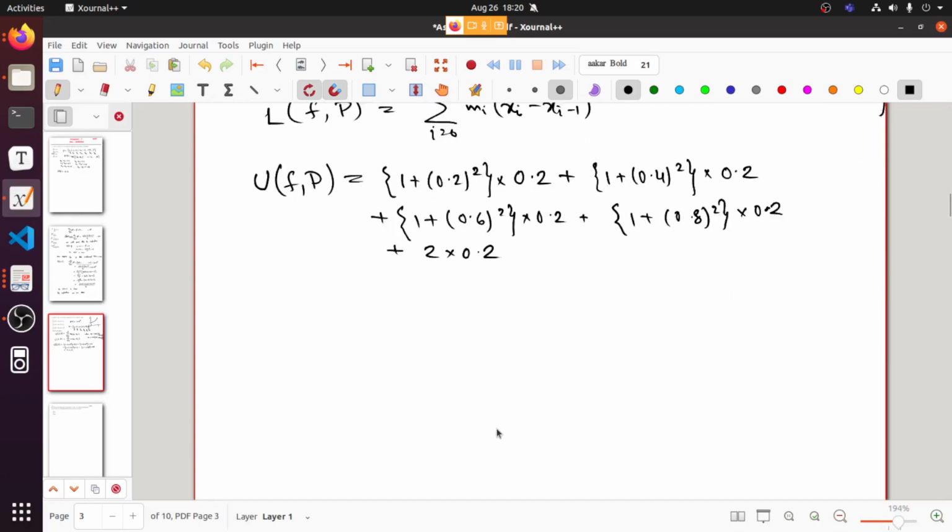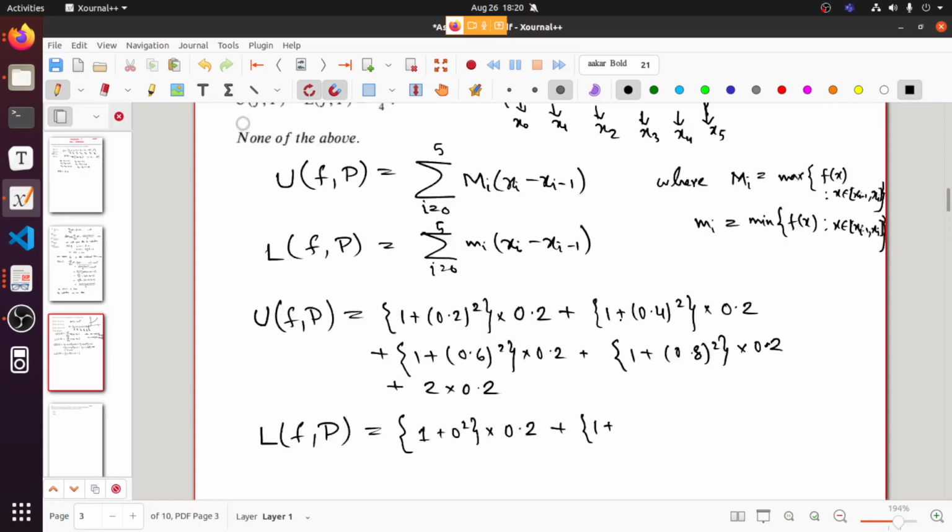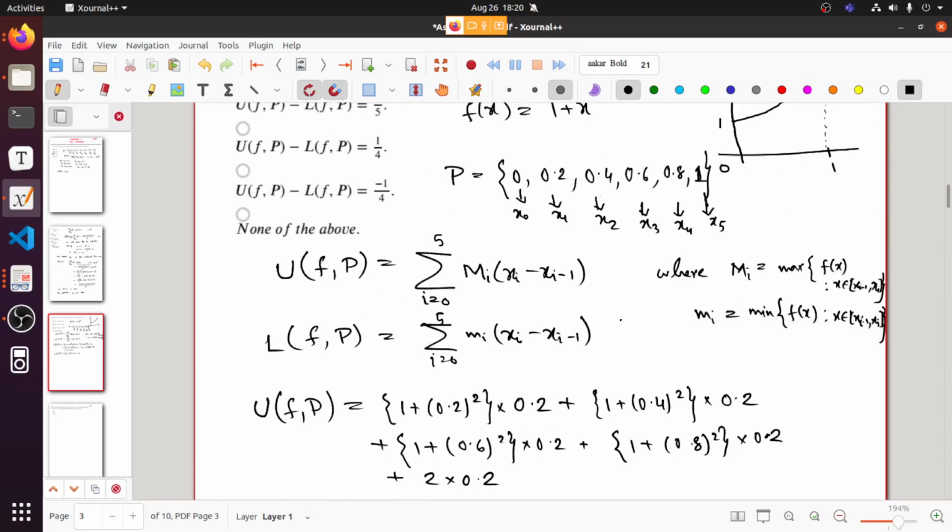Now calculate LFP. So what is the minimum in this interval? For the first subinterval, 0 to 0.2, the minimum will be the left hand point of the subinterval, right? So it is 0. So 1 plus 0 square means it's 1, into the length of the subinterval, again the same 0.2. So it's 1 into 0.2 plus, and for the next subinterval 0.2 to 0.4, the minimum will be at the point 0.2.